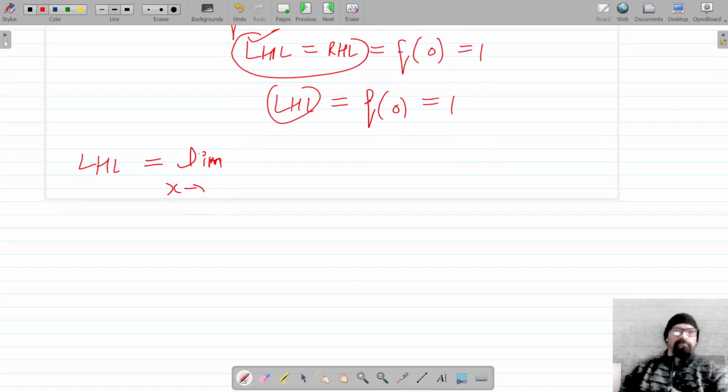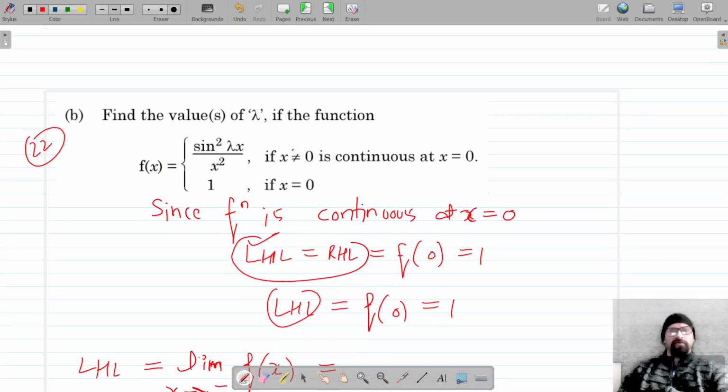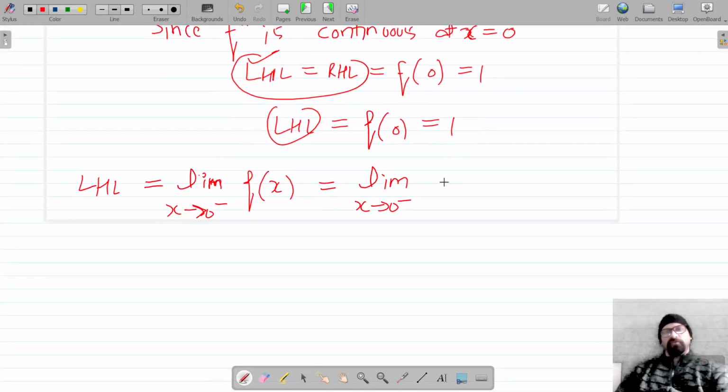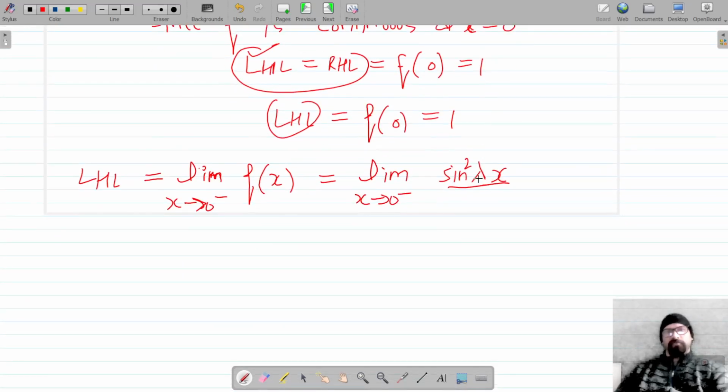The left hand limit will be written as x tends to 0 negative, and when x is not equal to 0, the function is this. So this is limit x tends to 0 negative, sine square lambda x upon x square.